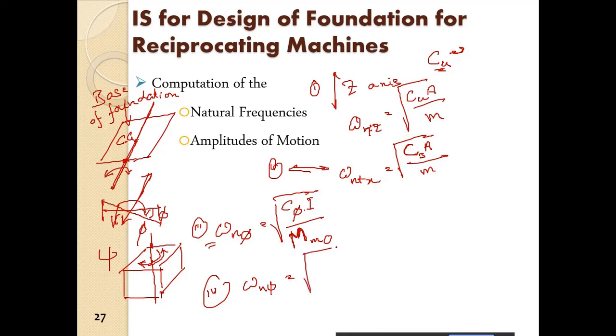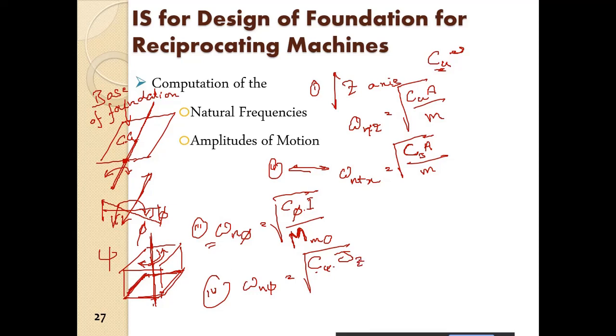So that will be C_ψ, the coefficient of non-uniform elastic shear, and the polar moment of inertia. Polar moment of inertia about this axis of this area, not of the mass, that you remember.